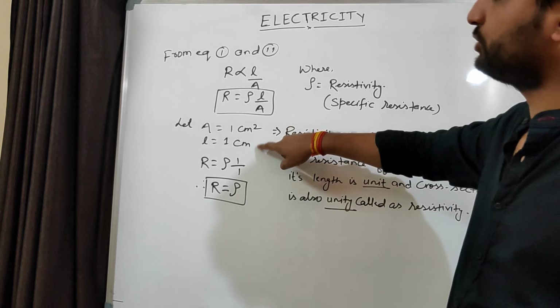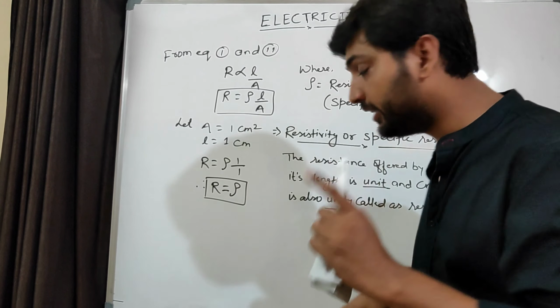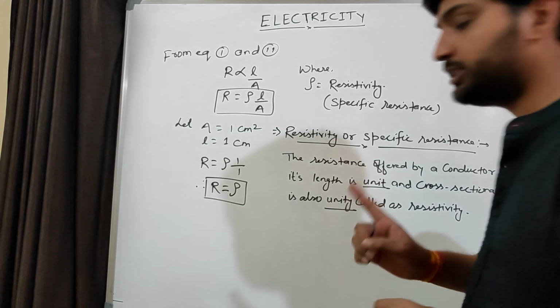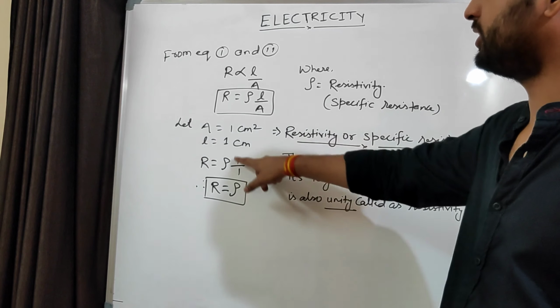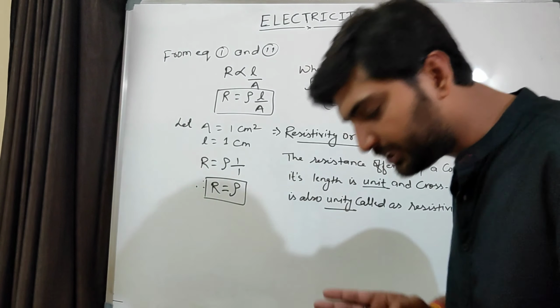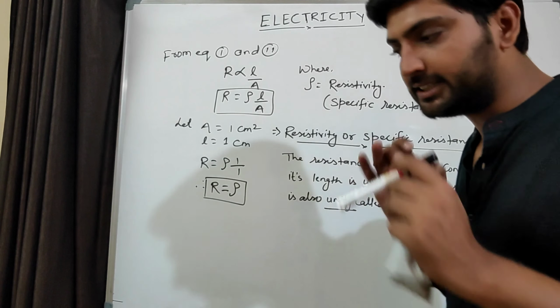Just the unit of these two will be the same and its magnitude should be 1 unit. Unit means 1. So its length is unit and its area of cross section is also unity. Then the resistance offered by that conductor is called its resistivity or specific resistance.